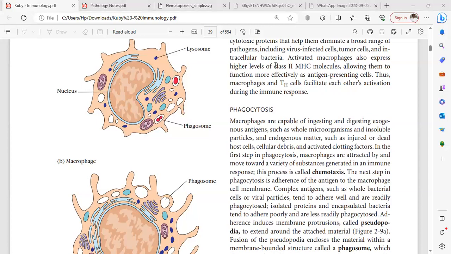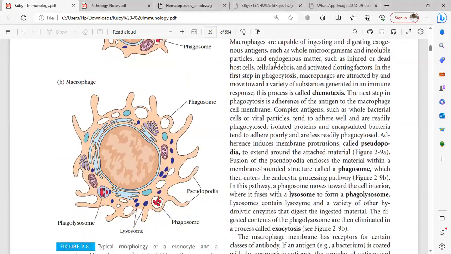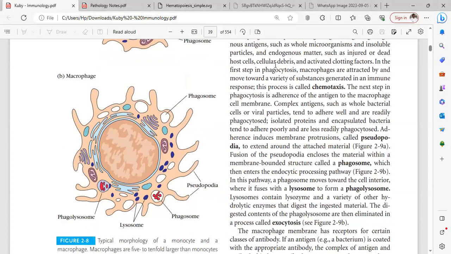And then for the macrophage, we've seen that it's usually in the tissues, and they have high phagocytic activity. And then we appreciate the structure over there.